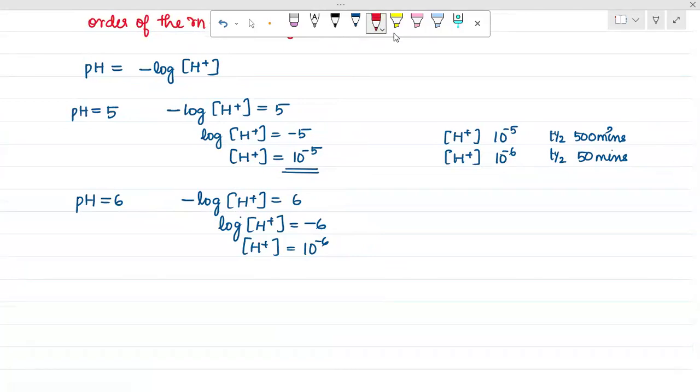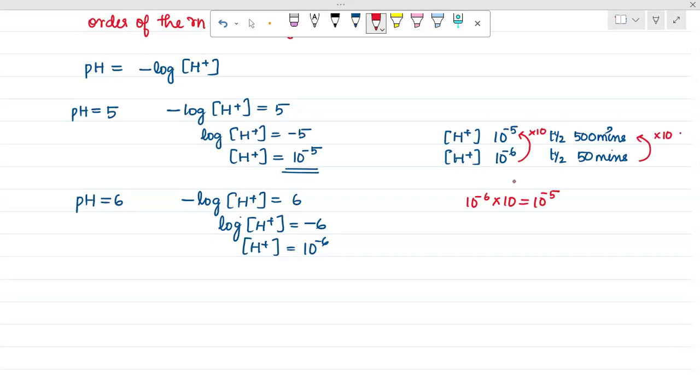Let's say from 10 to the power minus 6 to 10 to the power minus 5, you increased the concentration of H plus 10 times. Your T half also has increased 10 times.